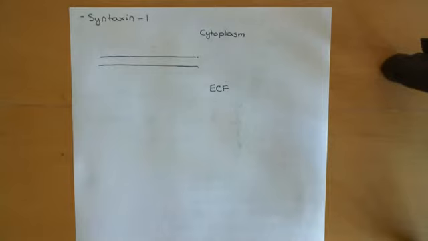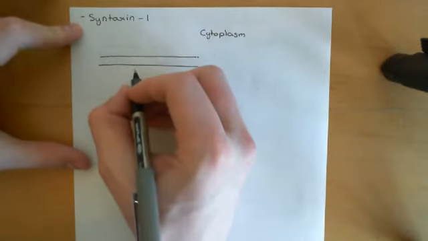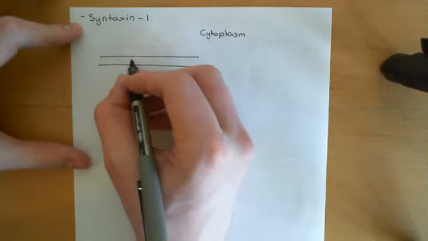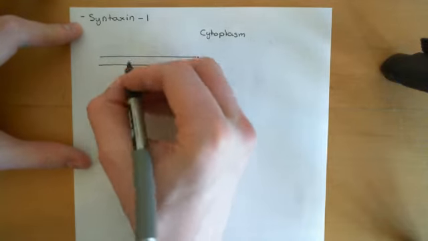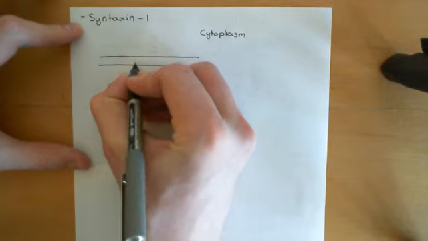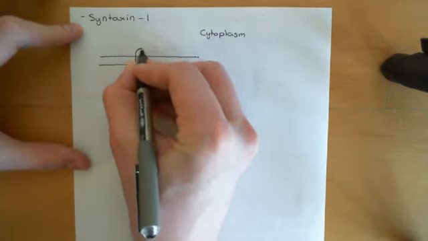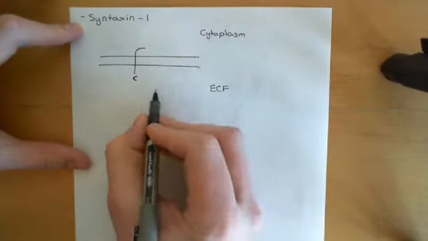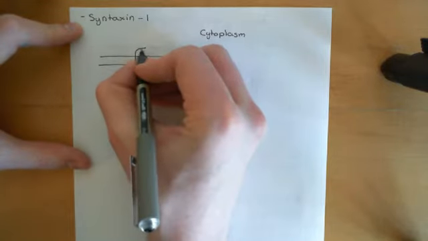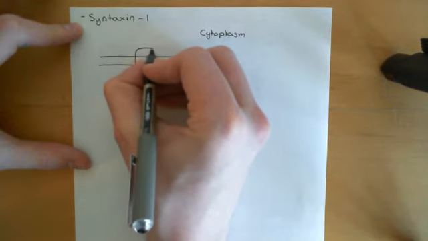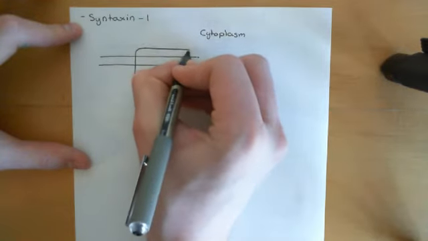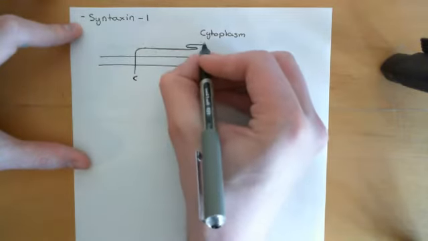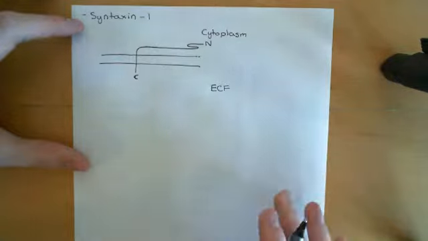Syntaxin 1 is going to be an integral membrane protein bound by one membrane-spanning alpha helix into the plasma membrane here, like so. This polypeptide represents the protein, and the C-terminus is going to be on the extracellular fluid side, and then on the cytoplasmic side you're going to have its snare motif, and after the snare motif a region known as the HABC domain, which consists of 3 alpha helices.